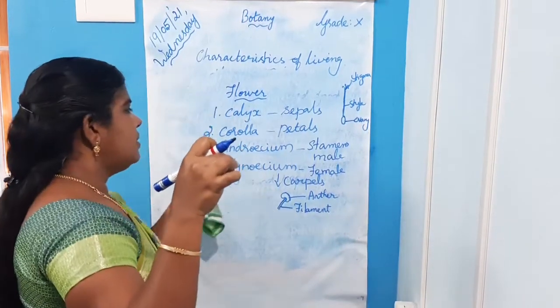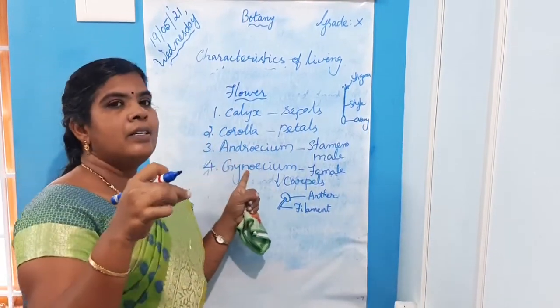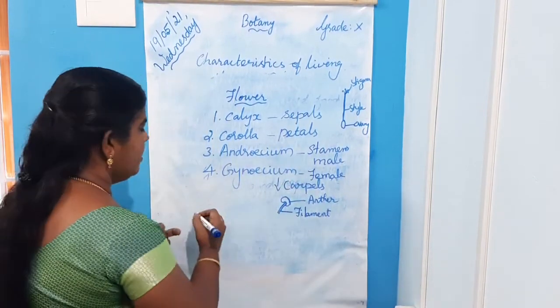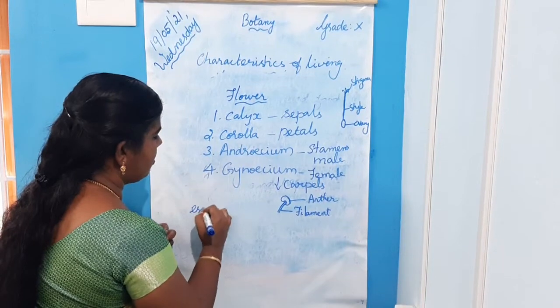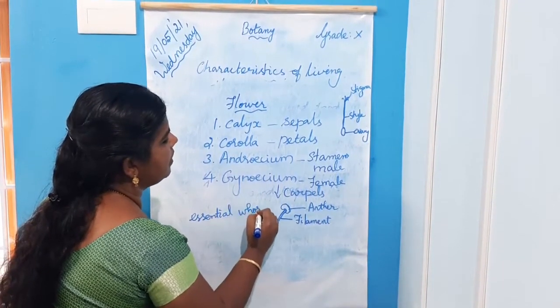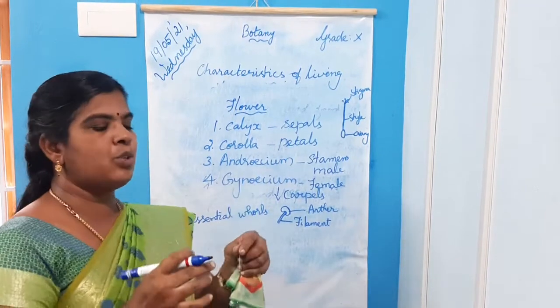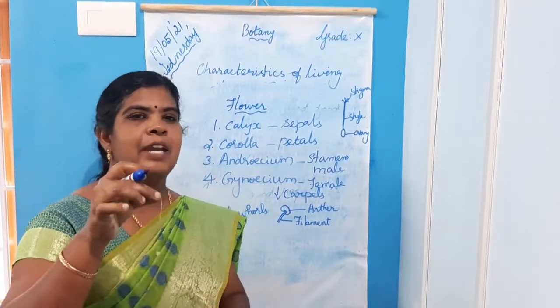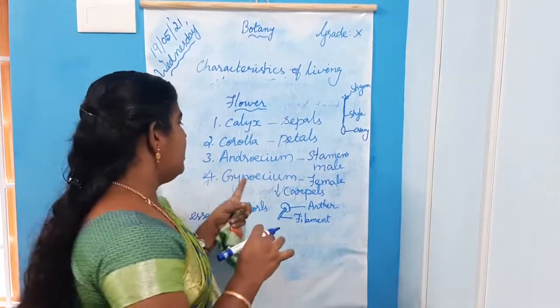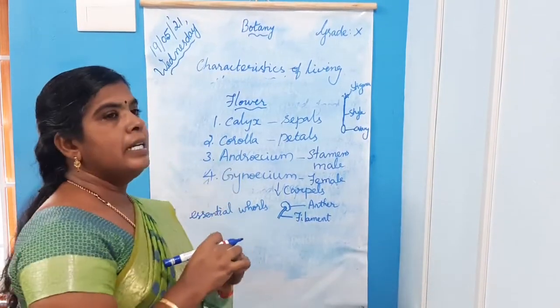Now listen. These two, androecium and gynoecium, are the essential whorls of a flower. Why? Because these two directly take part in reproduction.